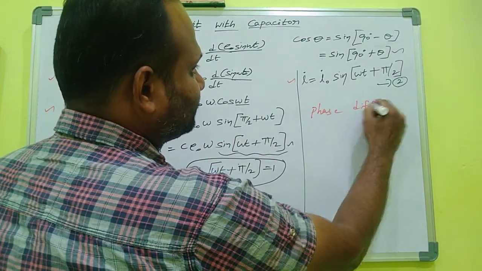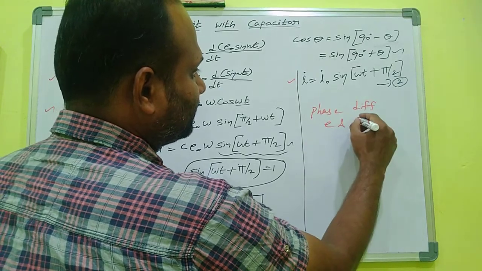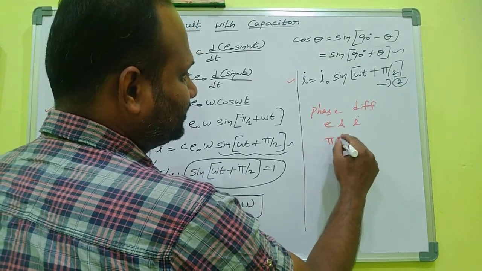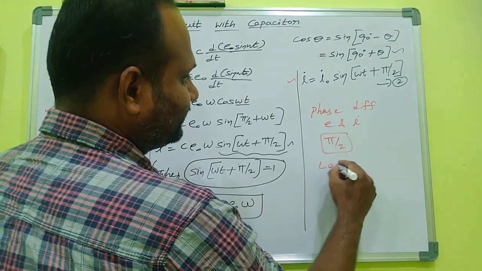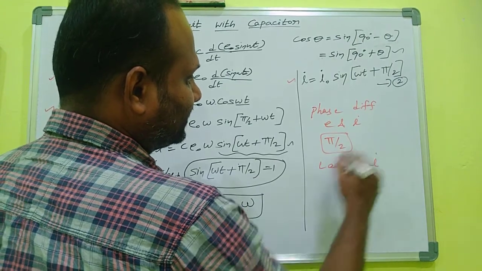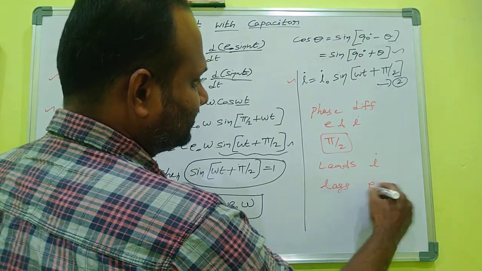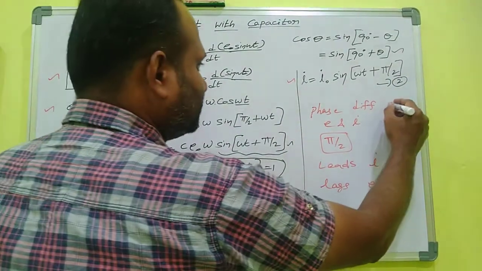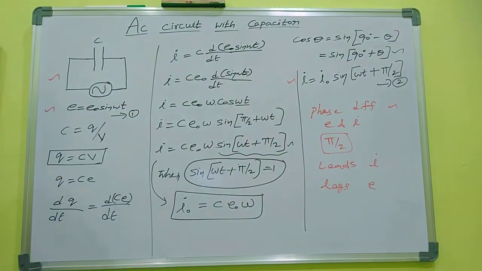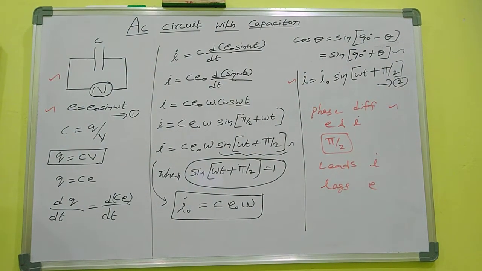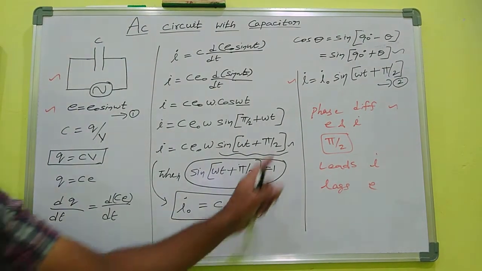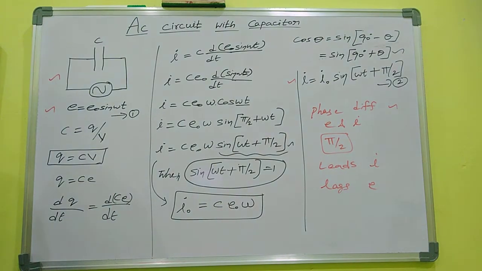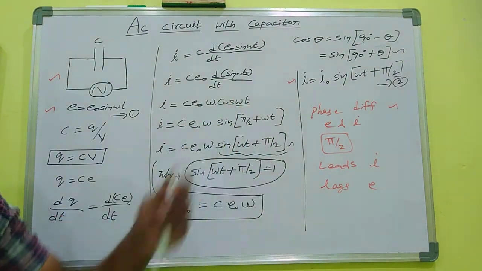Here what is the phase difference between E and I? The phase difference between E and I is pi by 2. Who leads? Current. Who lags? EMF. So this is the fourth thing. Till now we have discussed four things. The main important thing is phase difference, because of this we are going to discuss further.